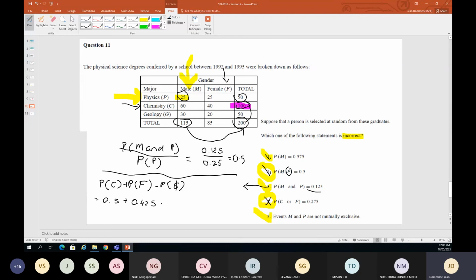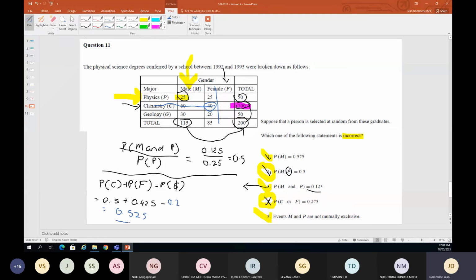And then we need to subtract the and. So where that and that meets. So 40 divided by 200, 0.2. Okay, so 0.5 plus 0.425 minus 0.2, and that will give us 0.525.